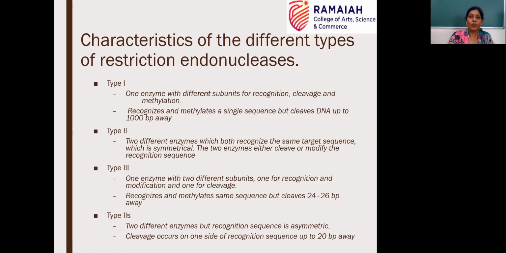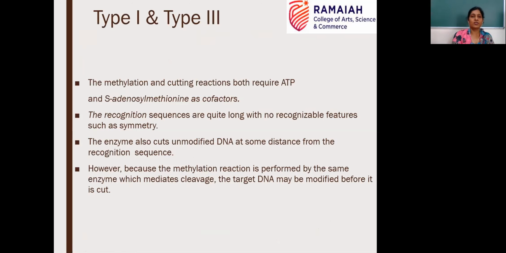Now let's see a little bit more in detail the mechanism of this type 1, 2 and 3 restriction endonucleases. I've put type 1 and type 3 together because they have more or less similar mechanisms, and they are not very useful for DNA cloning. Type 2 restriction endonucleases are the useful ones that have application in DNA cloning.